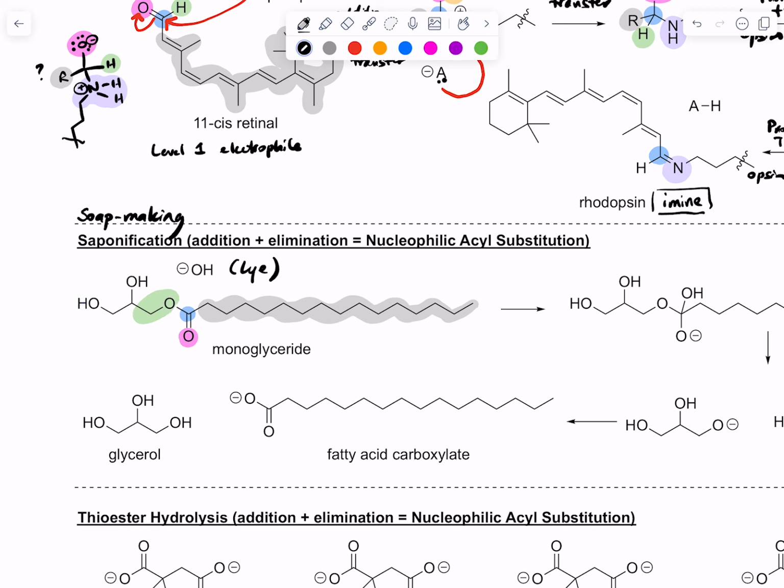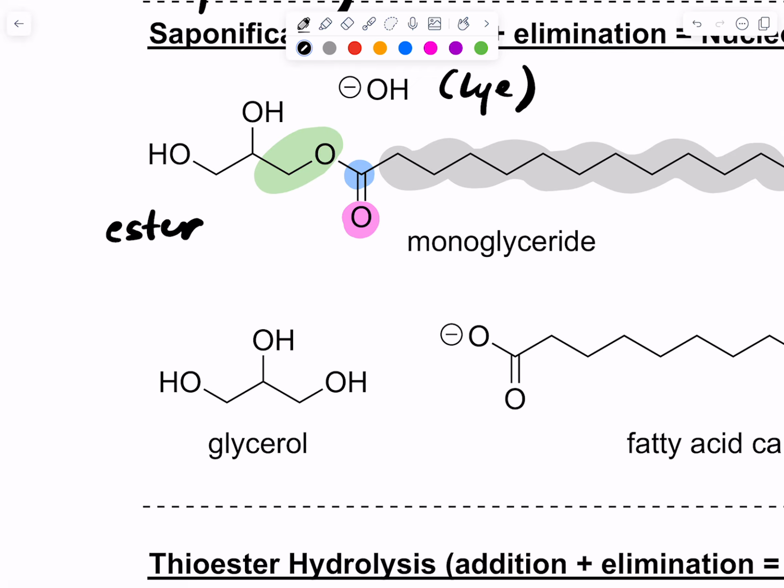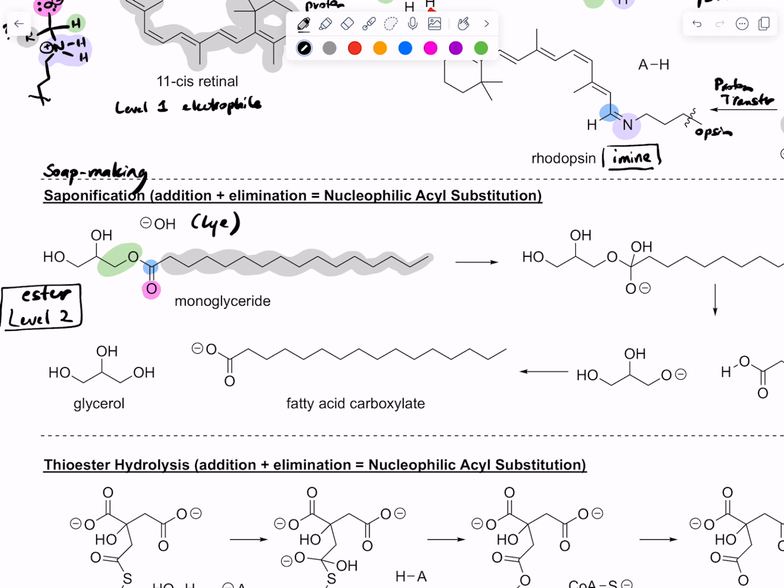What level is an ester on our list of electrophiles? That's 2. So better than an amide, but not as good as an aldehyde or a thioester. Now, let's look at the next step and see if we can detect what has happened. Find what used to be the carbonyl carbon.